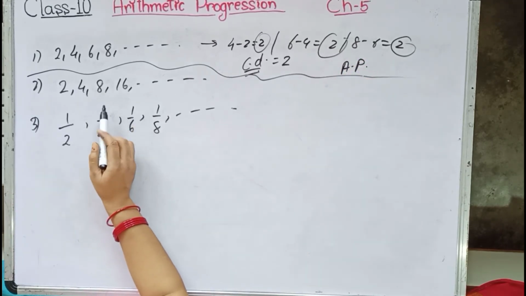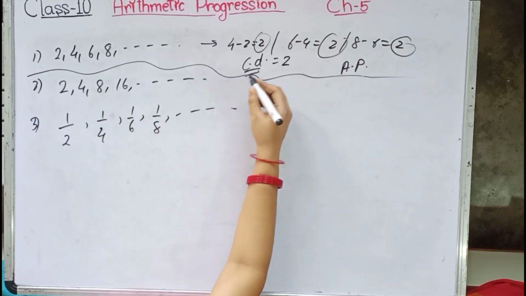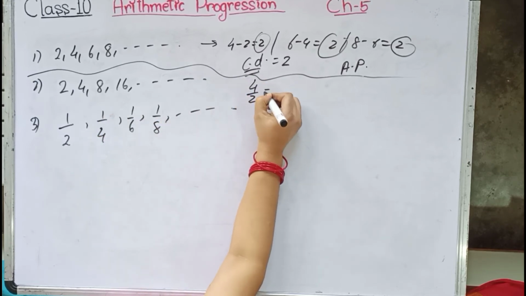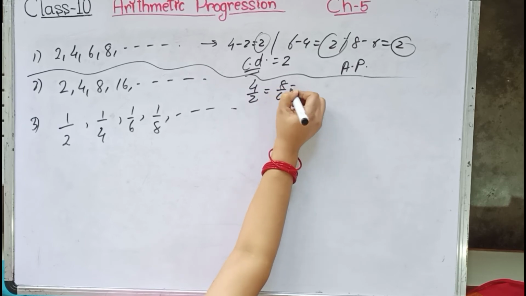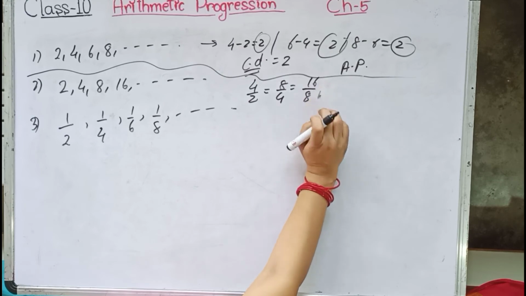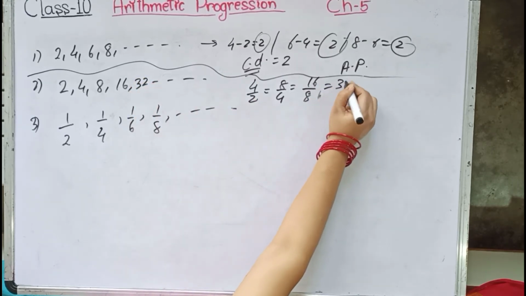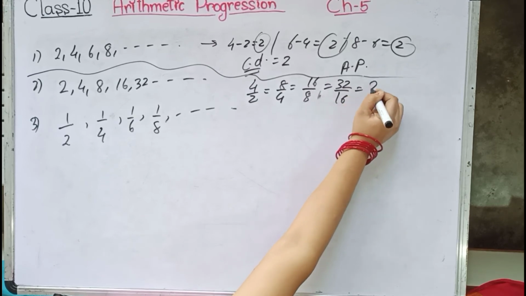Now the second series you see: 2, 4, 8, 16 and so on. Here we observe that 4 by 2 equals 8 by 4 equals 16 by 8 and so on. So here we can write next term as 32 as well, 32 by 16 equals 2.